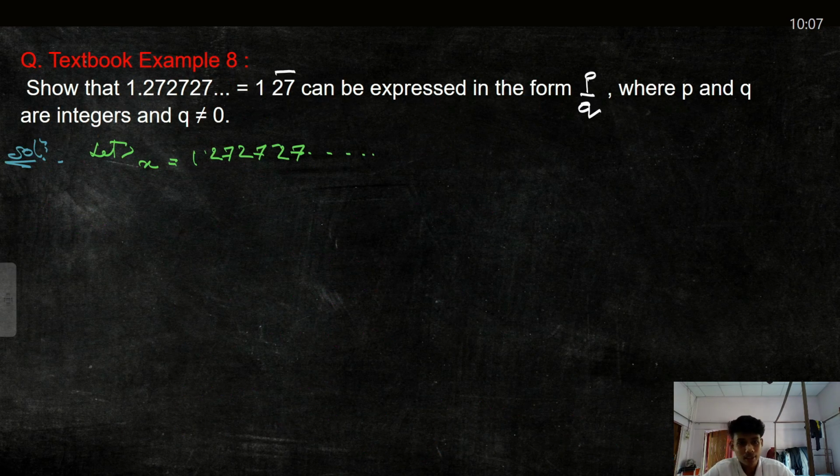Now in this case, since two numbers keep repeating themselves, we'll multiply equation 1 with 100. Similarly, if three digits keep repeating themselves, we'll multiply it with 1000.